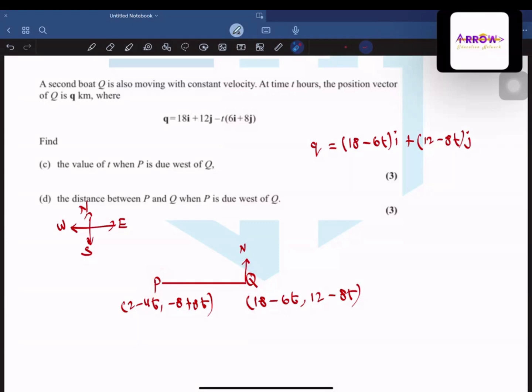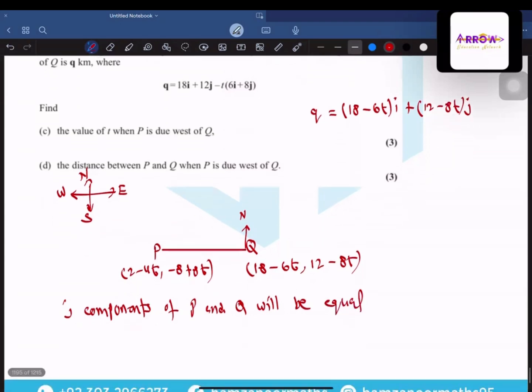So when boat P is due west of boat Q, it is horizontally towards the left of Q, meaning on an axis they are on the same horizontal line. So the j components will be equal to each other. Therefore I can say that j components of P and Q will be equal.